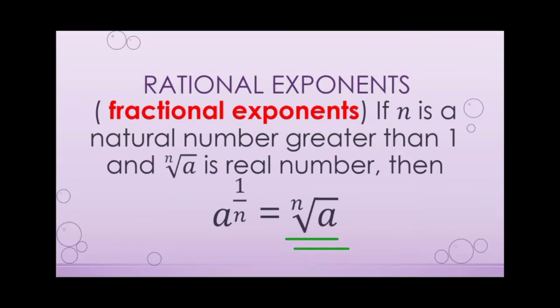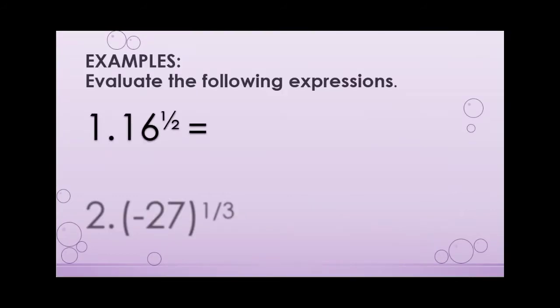Now let us start to evaluate expressions that contain rational exponents. 16 raised to 1/2. Ano ang denominator ng ating rational exponent? It is 2. Ibig sabihin, ang ating index of the radical ay 2 and 16 will be the radicand.